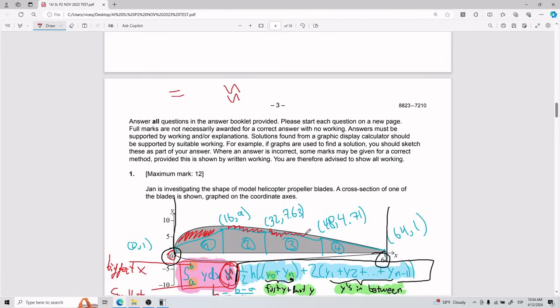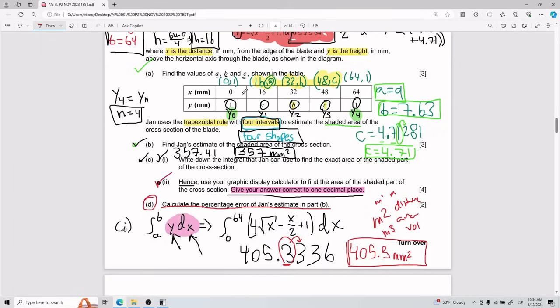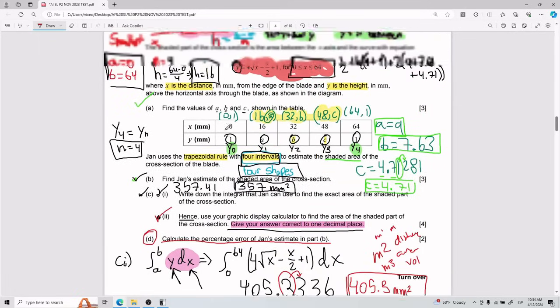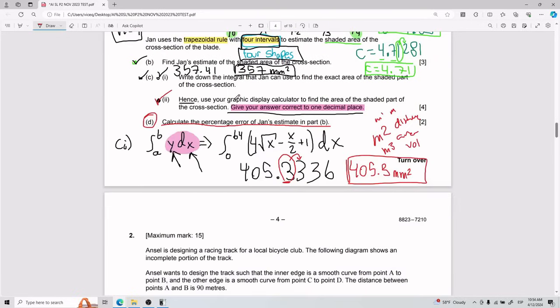Is that a good approximation? Yes. Is it perfect? No. The integral is perfect. The trapezoidal rule is not. And so we need to see by how much it's off, by how much it's missing. And that is why it's asking for the percentage error.